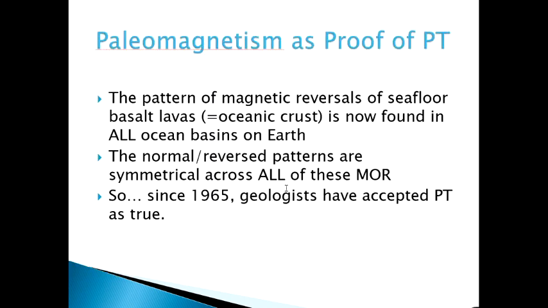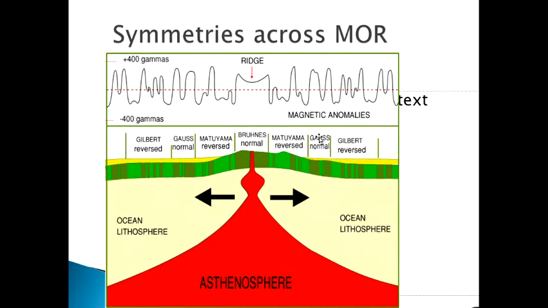Again, this is a key slide just summarizing everything I just said. If you look at this here, the symmetries across mid-ocean ridges. So these magnetic anomalies are mapped as a line here, and then as tiger stripes in the picture. Point north, point south, point north, point south, and then a mirrored pattern or symmetry across this boundary.